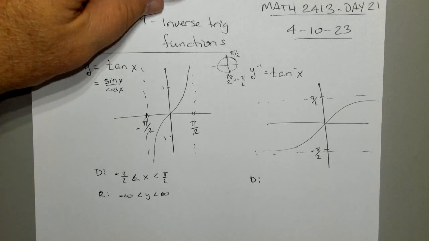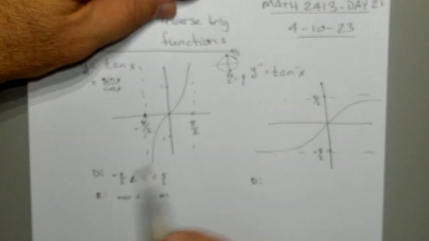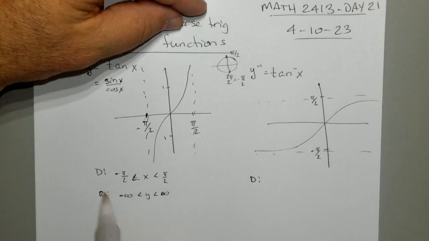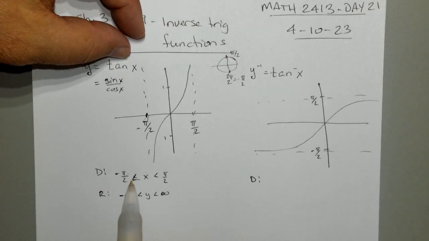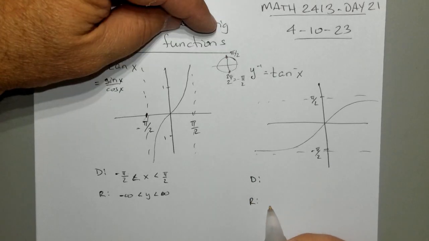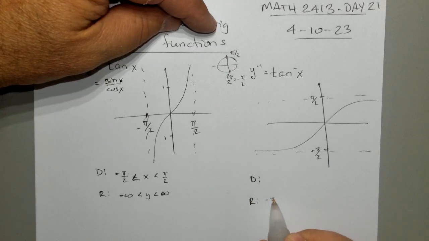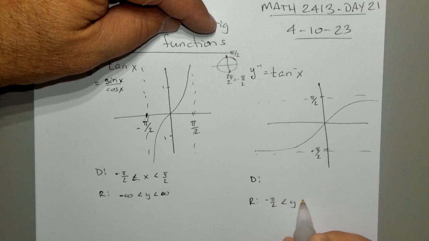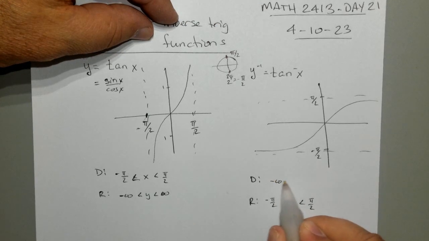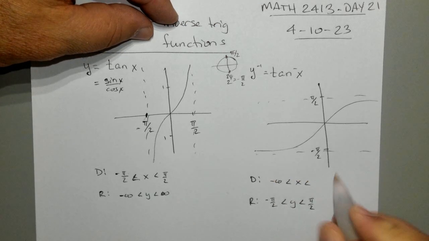It's okay. Okay. So, because when you find the inverse, the x becomes the y and the y becomes the x. So the domain of the tangent function is the range of the inverse tangent. And the range of the tangent is the domain of the inverse tangent.